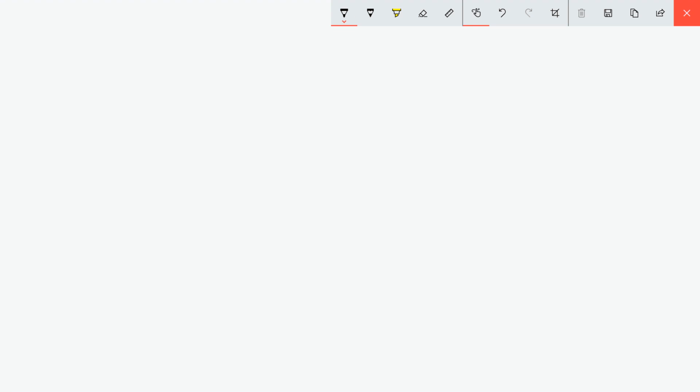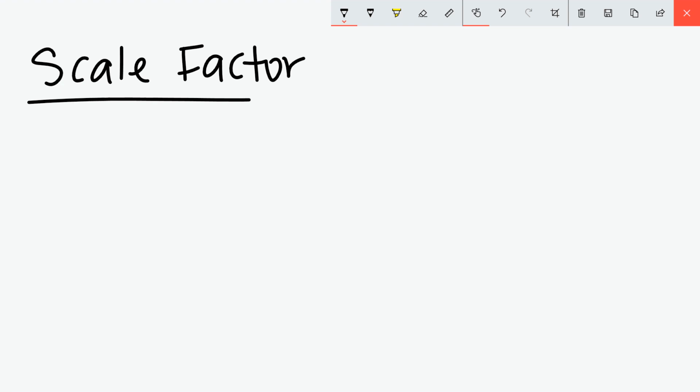Key things to remember about our scale factor. If that number is greater than 1, meaning like 4, 5, 6, so on and so forth, you're going to get a bigger image.